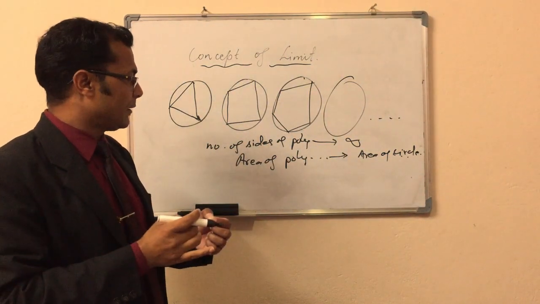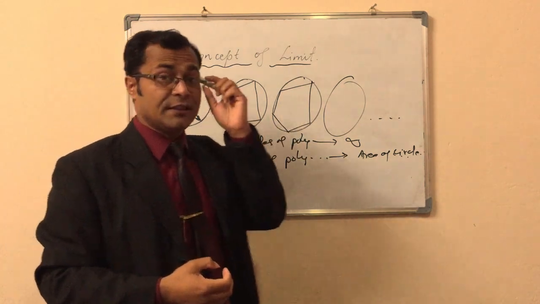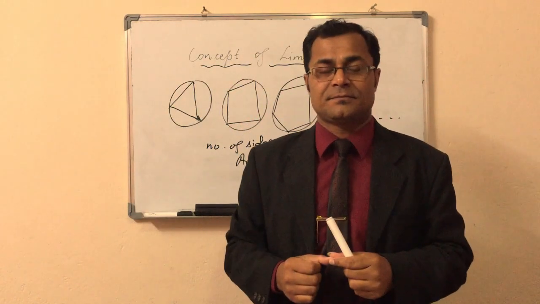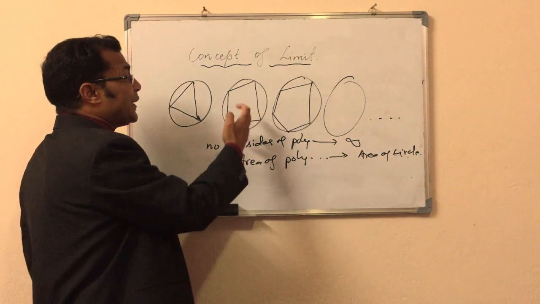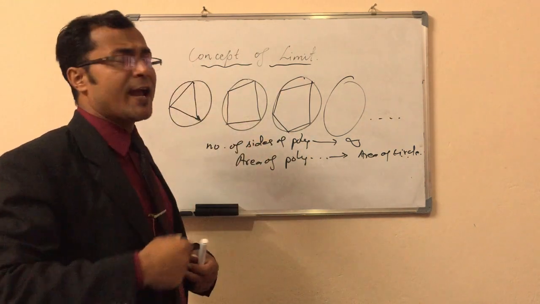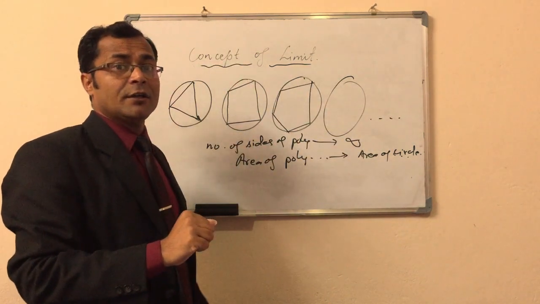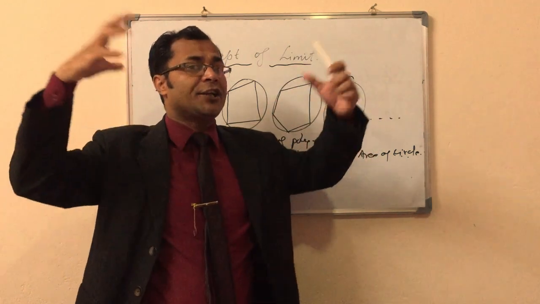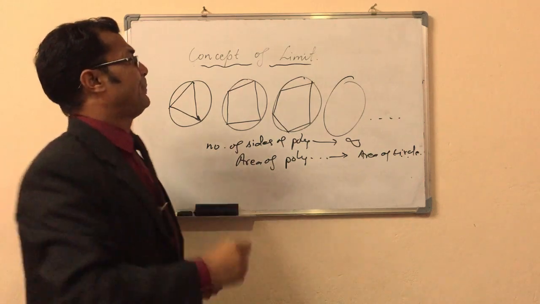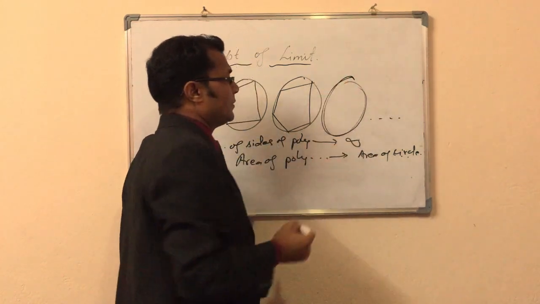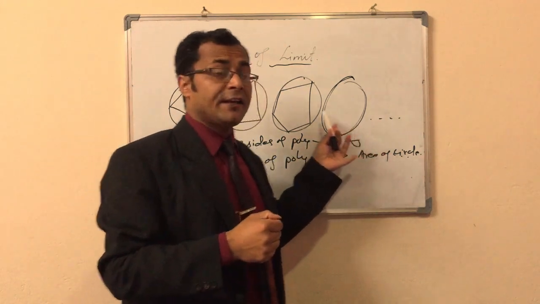So what does it mean? It proves that the limiting value of this polygon is the area of the circle. You get my point? You are free to increase the number of sides as many as you can. When you put infinitely many sides over here, the area goes on increasing and increasing. But whatever is the area of that polygon, it cannot be more than the area of the circle. So that is how it defines limit.